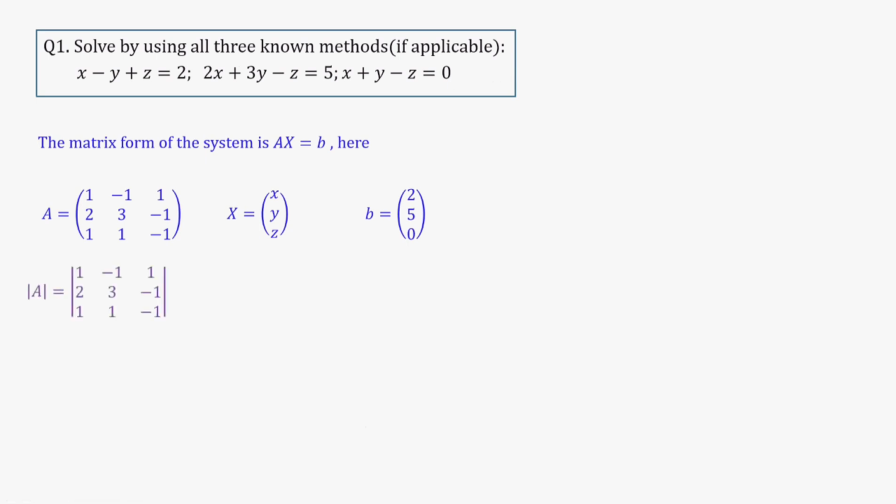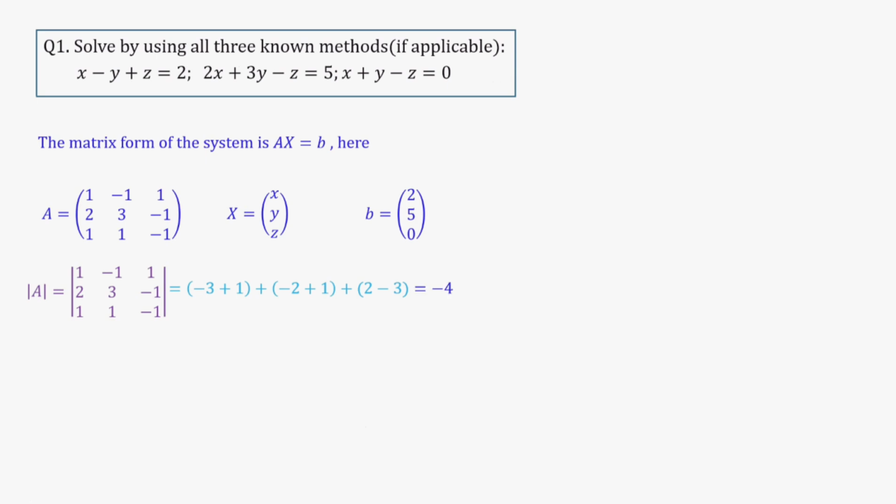Now, let's start with the inverse method. For that we calculate the determinant of A. The determinant of A is given by this, and the answer is minus 4, which is not equal to 0.